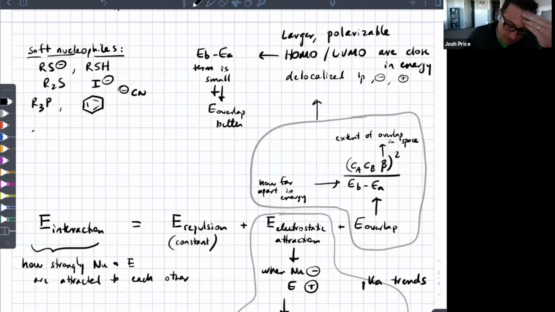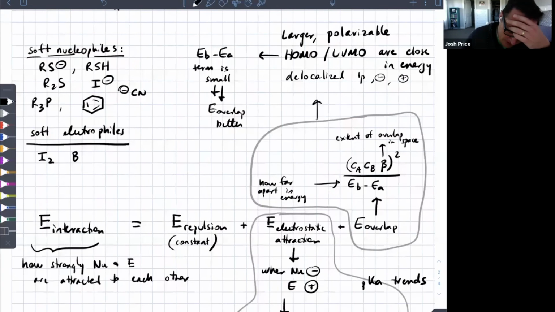And then the soft electrophiles or soft Lewis acids include, as an example, things with polarizable low energy LUMOs. So the halogens, all really great soft electrophiles.